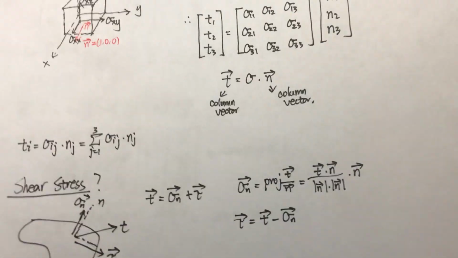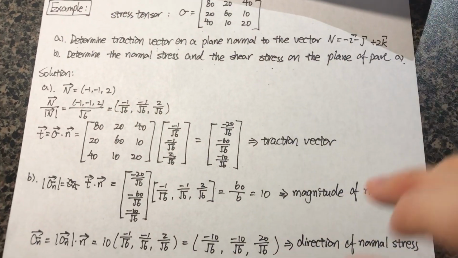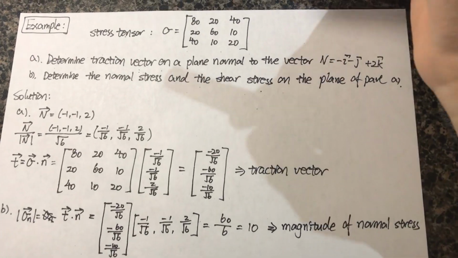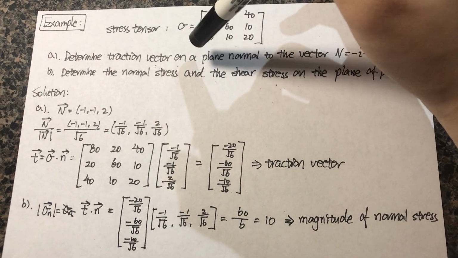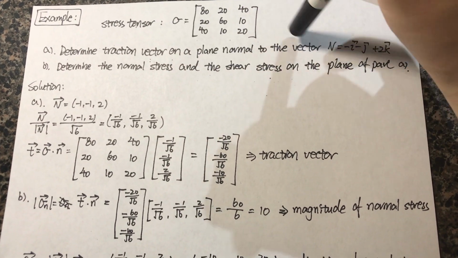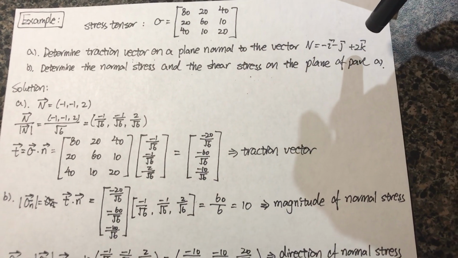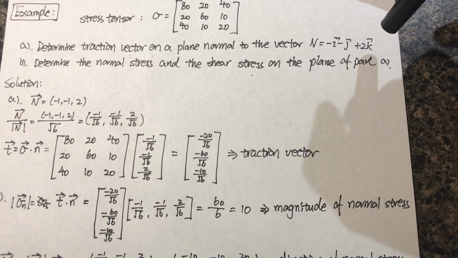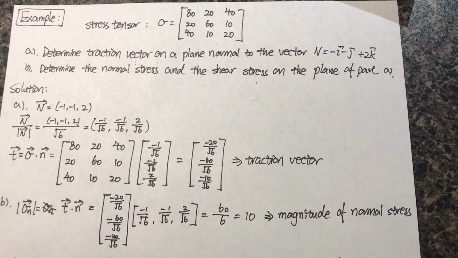So let's do an example. I have the stress tensor here. For part A, we're going to determine the traction vector on a plane which is normal to the vector n, which is minus i minus j plus 2k.